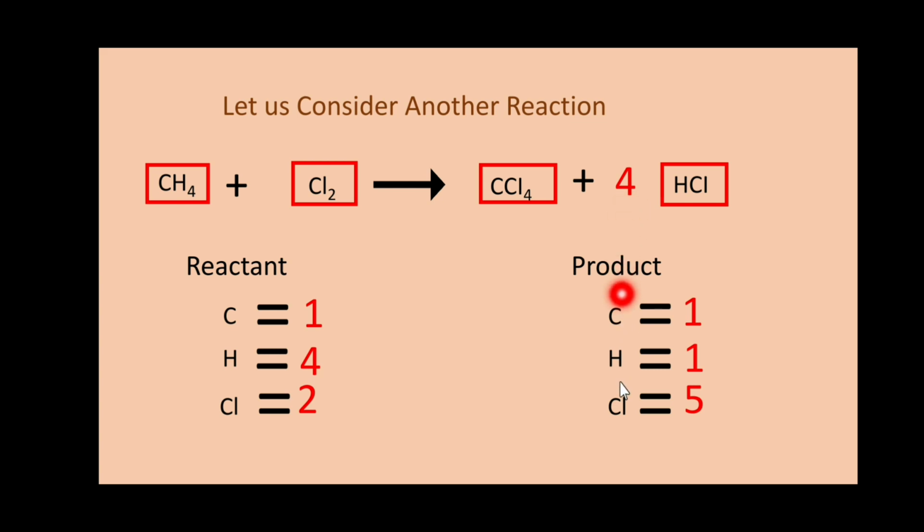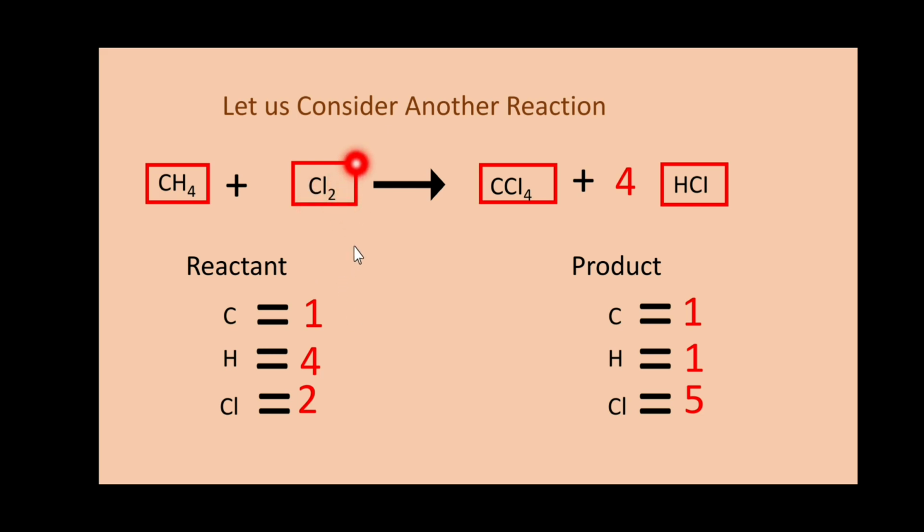Then we have to focus on the chlorine. Here, on the reactant side, a total of 8 chlorine atoms are there. But on the product side only 2 chlorine atoms are there.